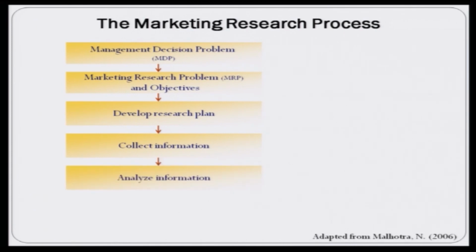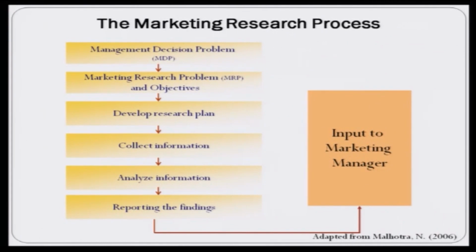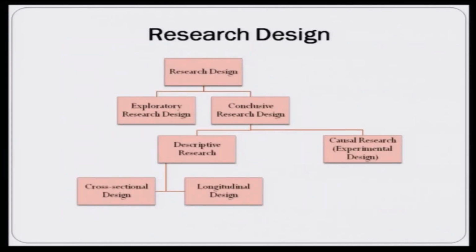Then you have the analysis of the collected information, followed by the preparation of the report and reporting of the findings to the management, so that they can make the most appropriate decision considering the different options they have. We discussed the management decision problem, the marketing research problem, and the relationship between the two, that they share a causal relationship, one being the effect of the other.